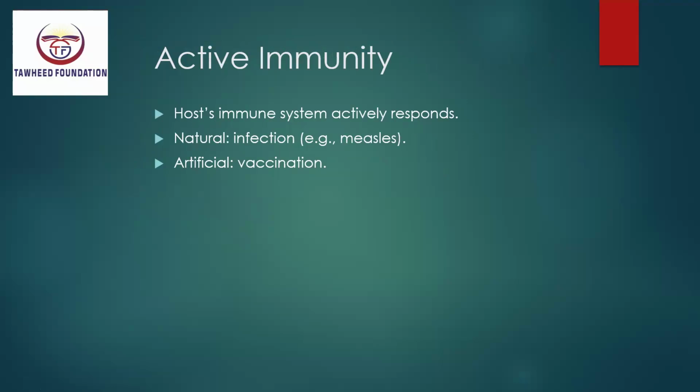Active immunity can be natural or artificial. Natural active immunity occurs following exposure to microbial infection, for example, measles virus infection. Artificial active immunity develops following exposure to an immunogen by vaccination, for example, measles vaccines. Vaccines will be discussed later.